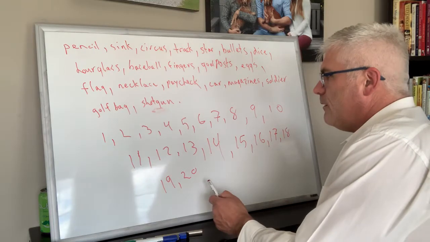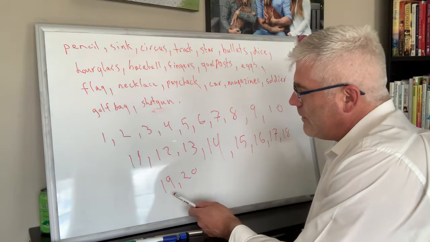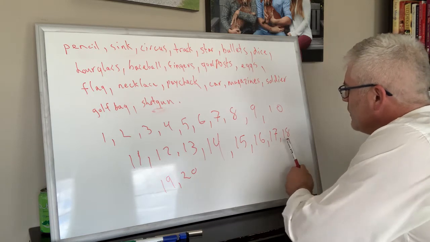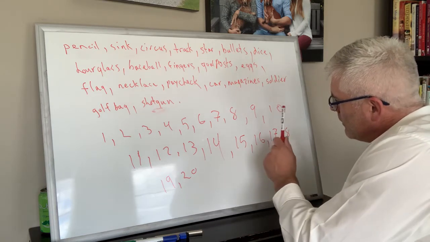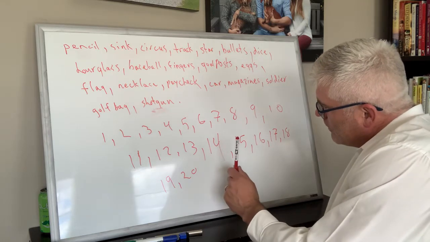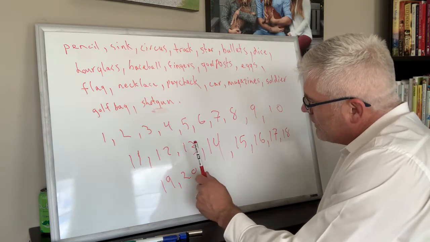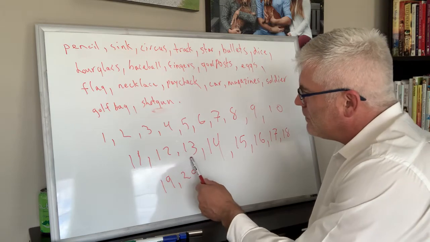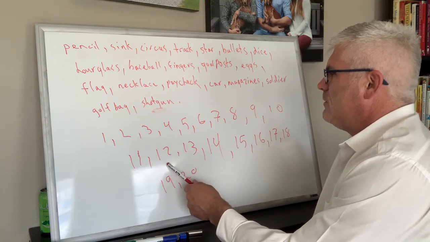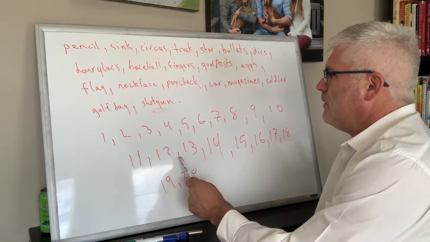So 20 gauge, golf bag, soldier, magazine, car, paycheck, necklace, flag. No, that's not flag. What is this? I'll come back to that one.